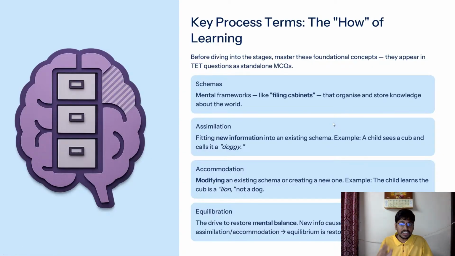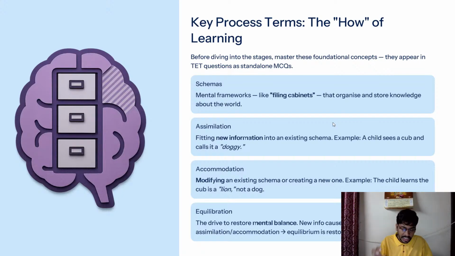And assimilation. Assimilation means fitting new information into an existing schema. There is already a schema in which the knowledge is stored and organized, like a filing cabinet, and to the same schema, we add new information. Example: a child sees a cub and calls it a doggy.